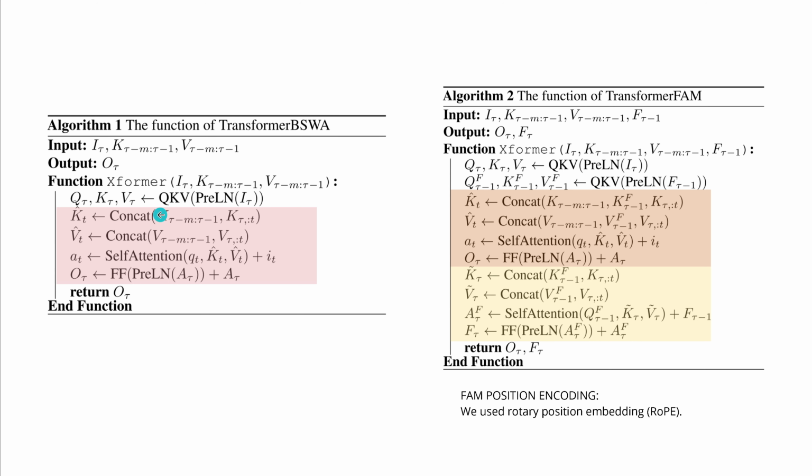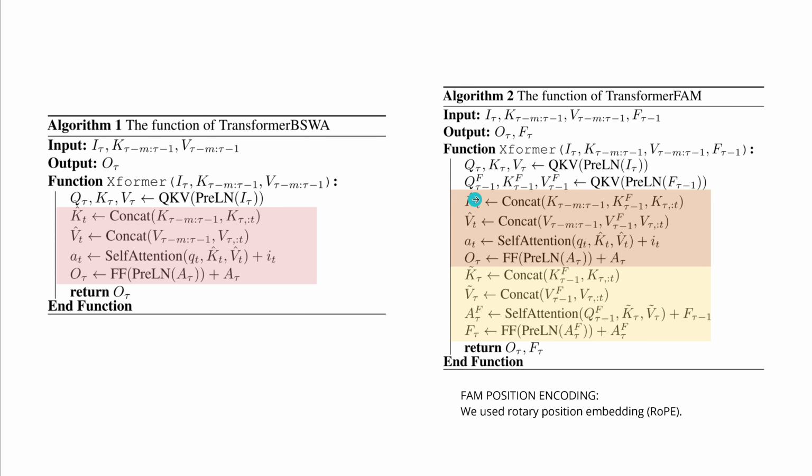We have the concatenation of our keys, the concatenation of our values, the calculation of the self-attention, query key values plus input, and then of course we have to take care of our feed-forward module, here with a pre-layer normalization of our attention. Beautiful.